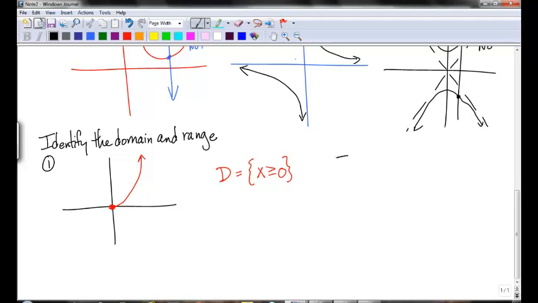So for our domain, it's going to be 0, and then everything greater than 0, because we're using all these x values. If we extended that up, we'd still be using all the x values. So it goes to positive infinity. Every time you write the infinity symbol, you use a parentheses.